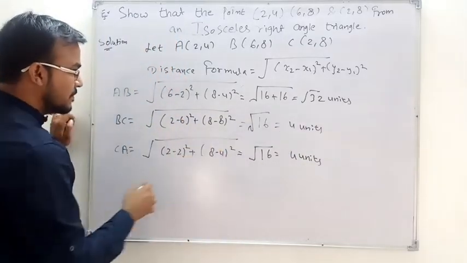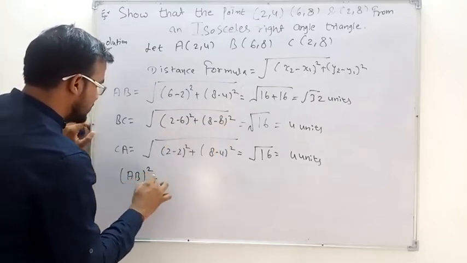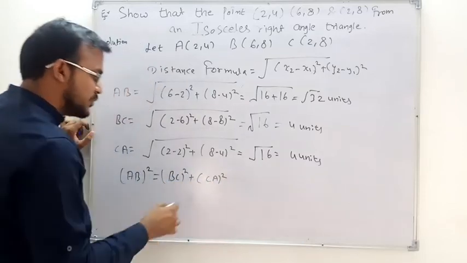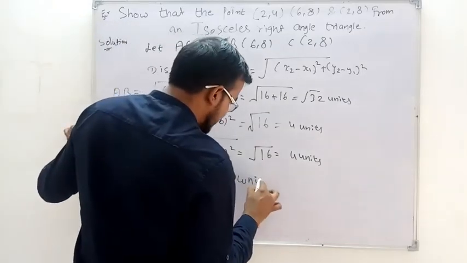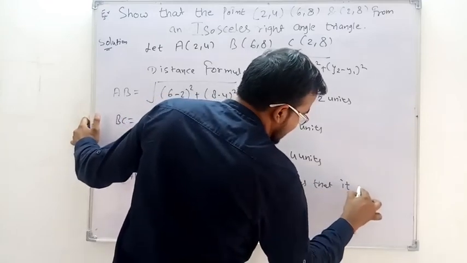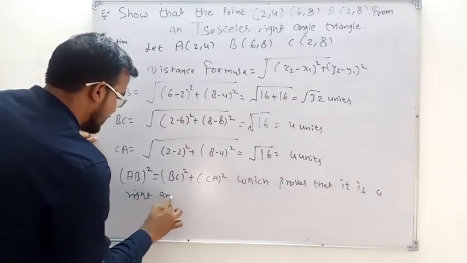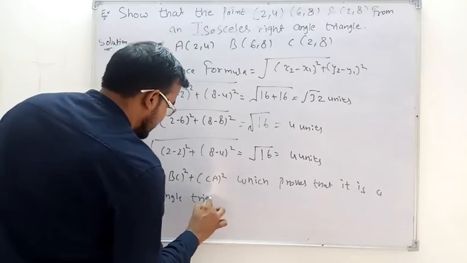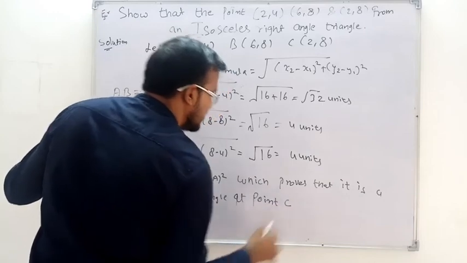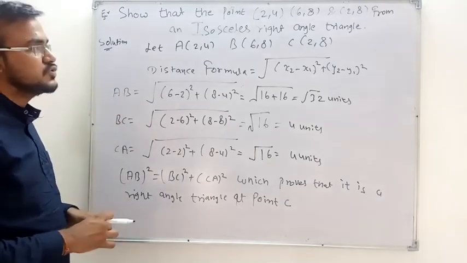So we can see from these three distances that the square of AB is equal to the square of BC plus the square of AC, which proves that it is a right angled triangle, right angled at point C. We can also say that BC and CA are equal. It means it is an isosceles triangle.